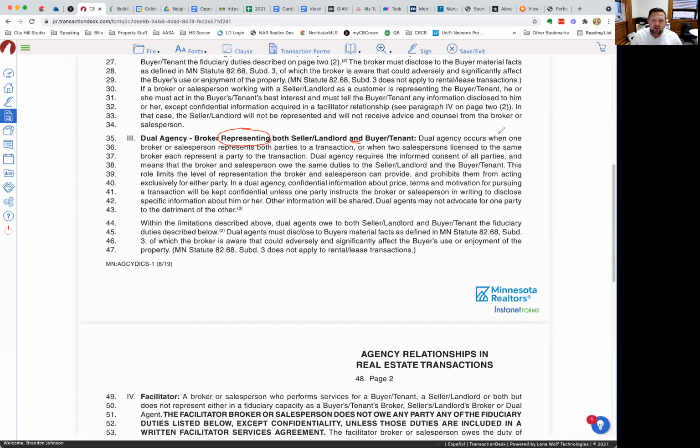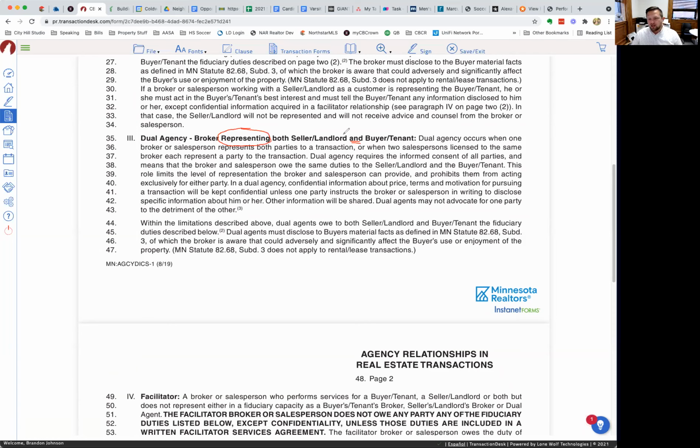So dual agency occurs when one broker or salesperson represents both parties to a transaction. 99% of the time, this is what you're going to discuss at a high level as you walk through this form. You're going to say, hey, by the way, dual agency occurs when we represent both you and somebody else in the same transaction. Not a bad thing.